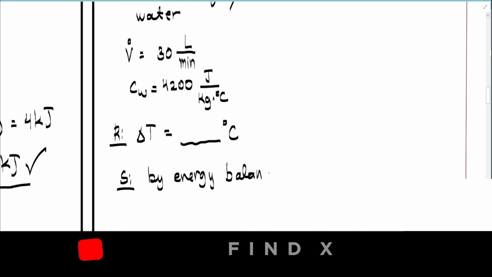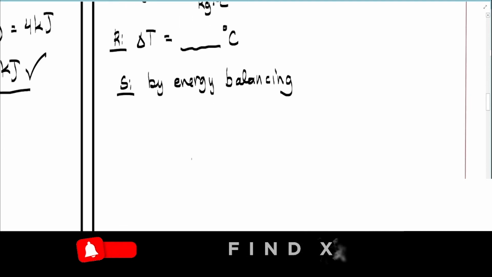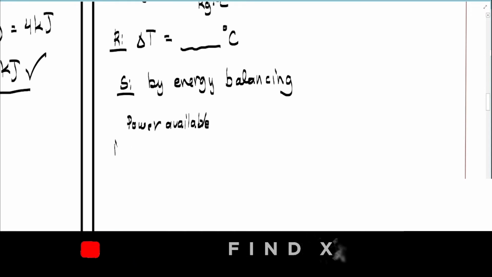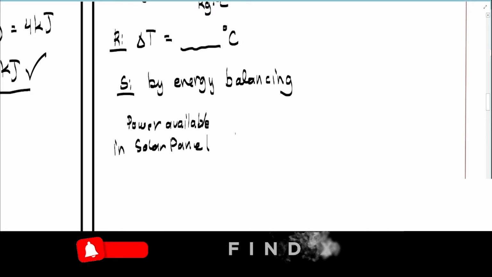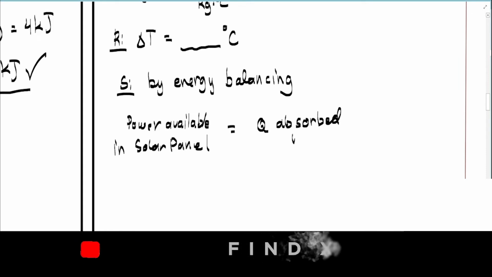The power generated by the solar cell, or the power available in the solar panel, is the Q, or the heat that will be absorbed by the water. Only the power available in the solar panel is absorbed by the water.